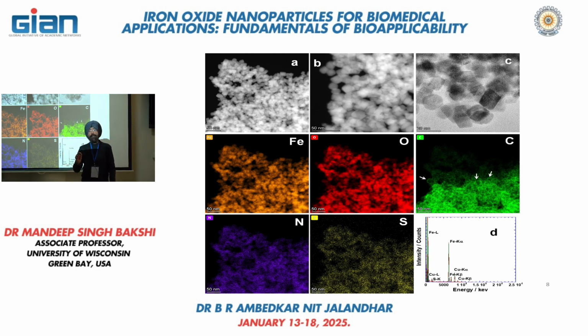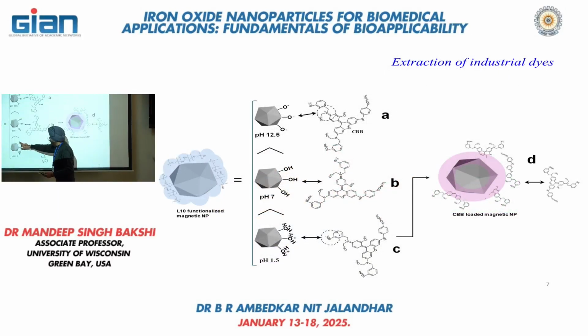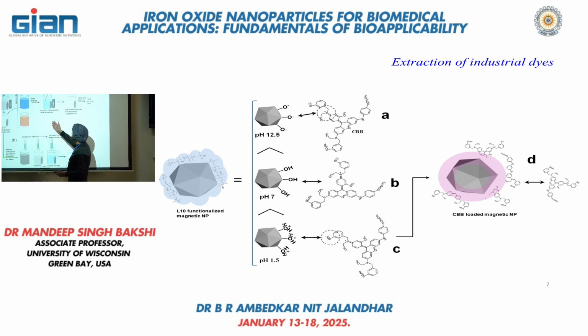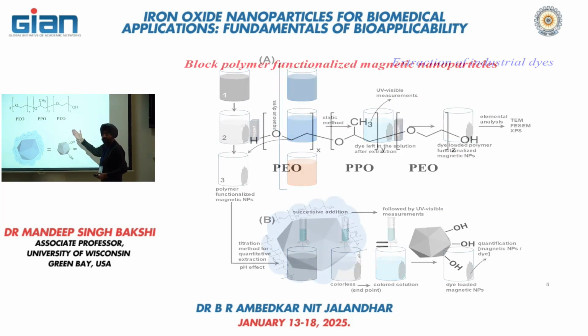What is unique only to the dye? That is nitrogen. Nitrogen is only available in the dye molecules. It's neither part of the iron oxide nor part of the polymer. The polymer is not having nitrogen. No nitrogen functional group in the polymer molecule.